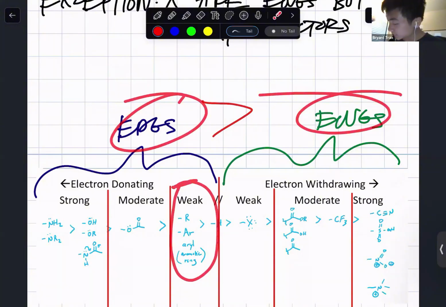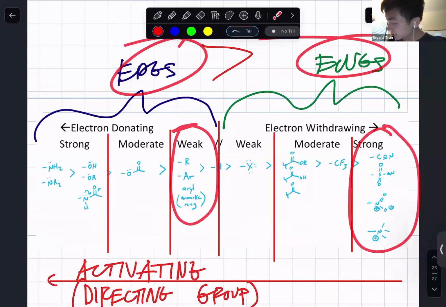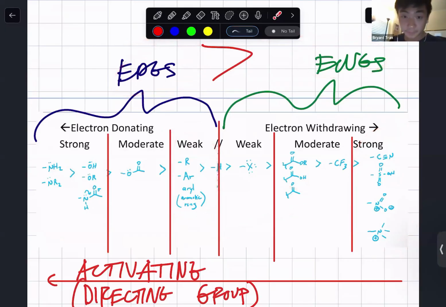So if you compare any weak EDG to any strong EWG here, the EDGs will always overpower the strong EWGs. Okay. Did that answer your question, Gabby?